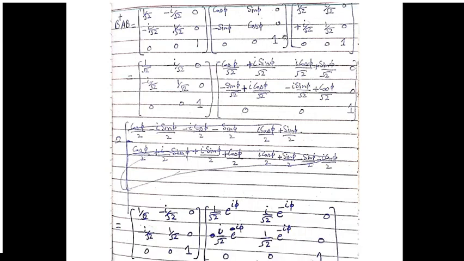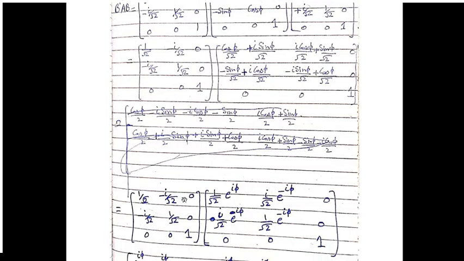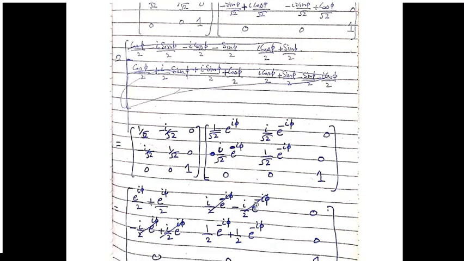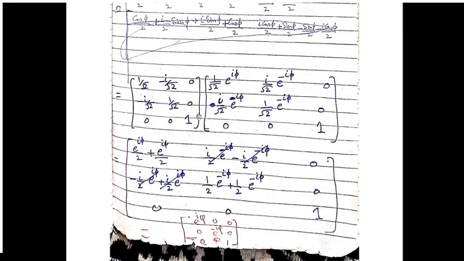I have multiplied these two first, and then we have this, and after this when you multiply, you have this thing, and you can write e power iota 5 by 2 plus e power iota 5 by 2, 1 by e power minus 5 plus 1 by 2 e power minus 5 0 1, and this would be e power iota 5 0 0, e power iota minus 5, then 0 0 1. Now this is the diagonal matrix.